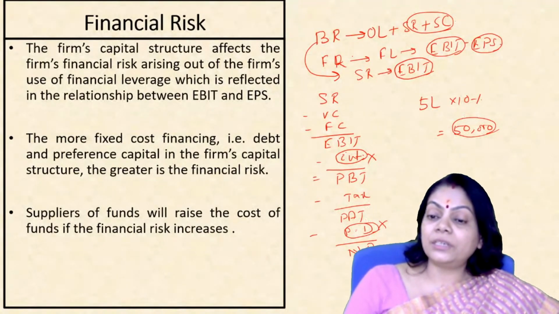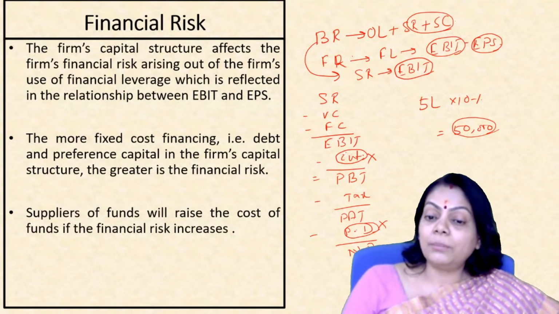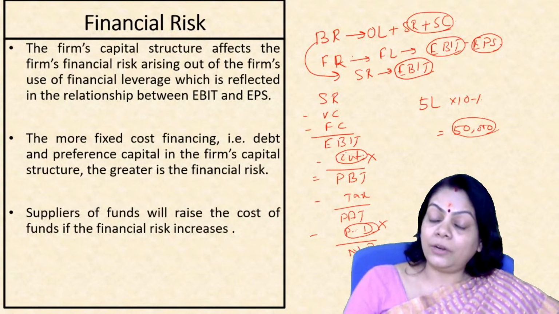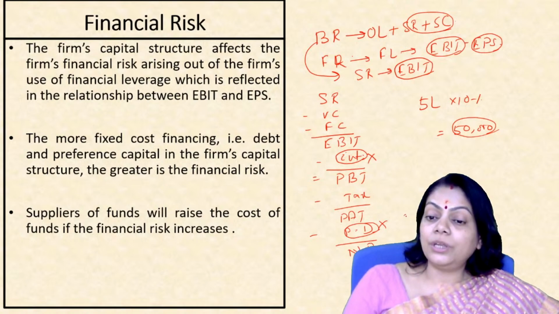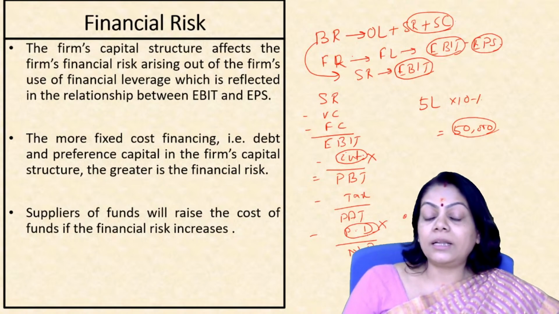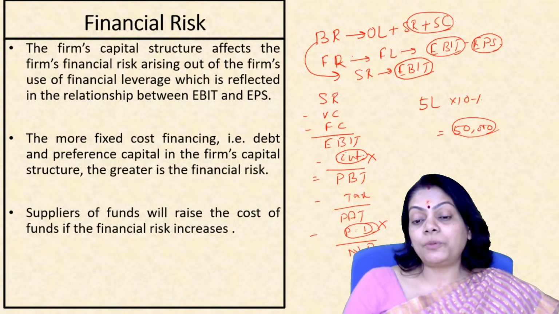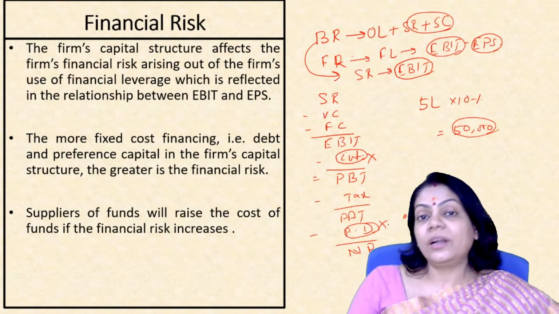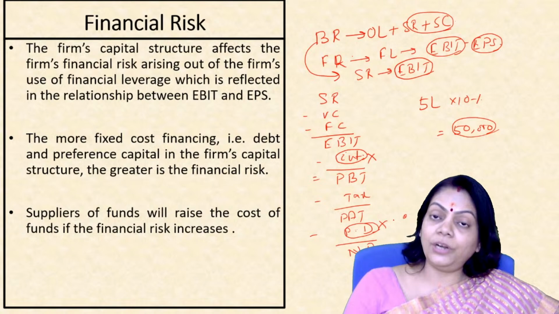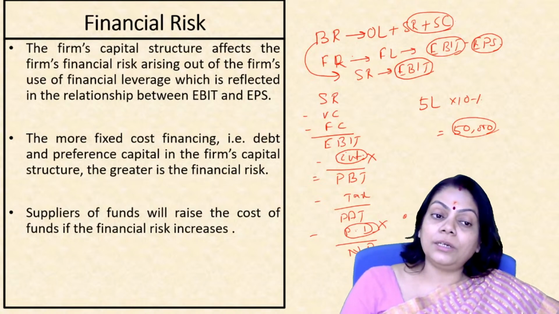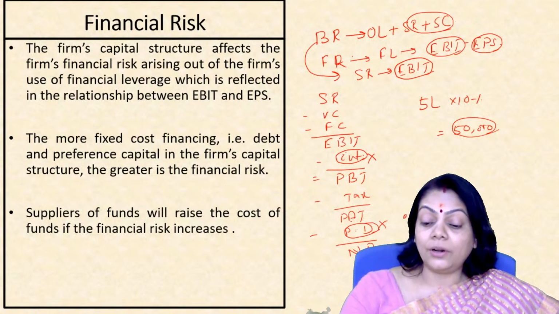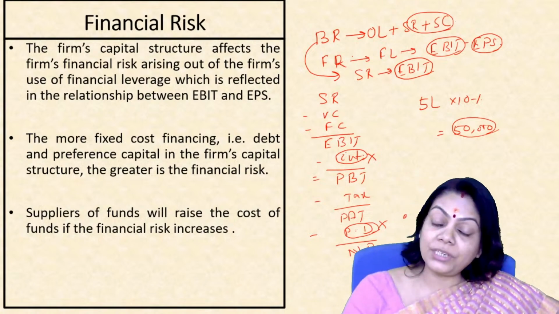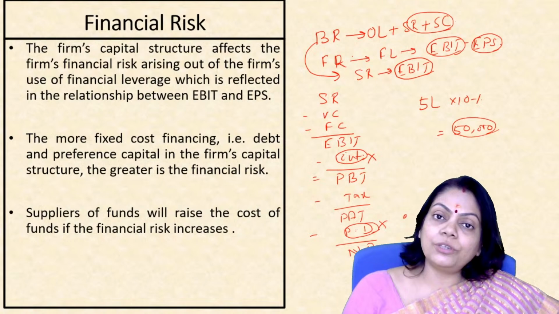And preference dividend, though the dividend payment is discretionary, the moment you have to pay equity dividend, you have to clear all your preference dividend. Non-payment of preference dividend for a prolonged duration dilutes your ownership because the preference shares get converted into equity shares. So the more interest and preference dividend there is, the more financial risk.